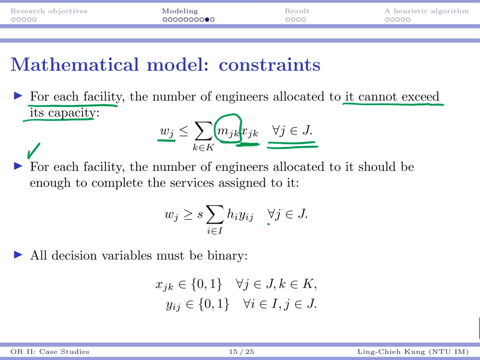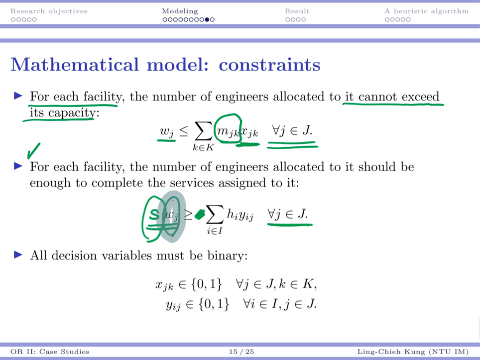Finally, for each facility, there must be some kind of capacity constraint. So the left-hand side here means the number of engineers you hire, multiplied by s, and that's going to be the total number of services that this facility may complete in a year.